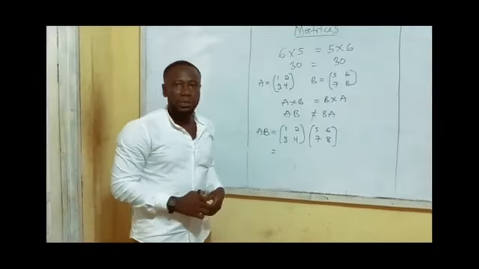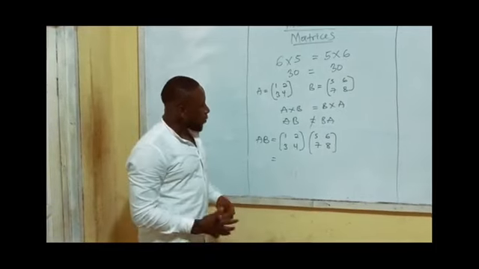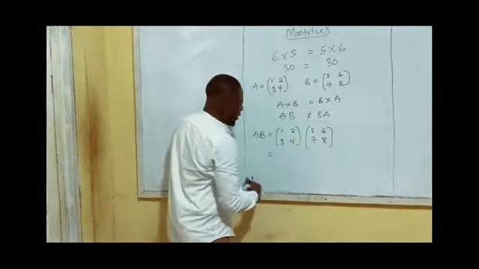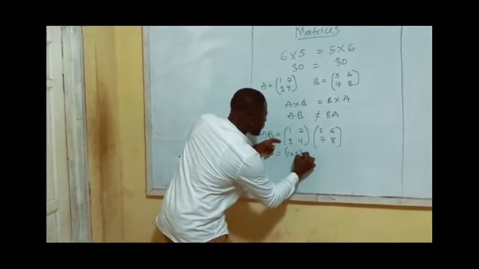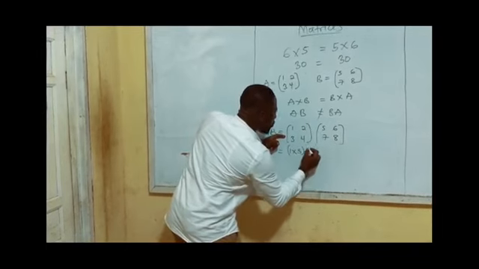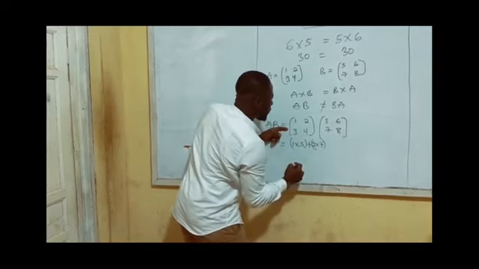So we have 1 multiplied by 5, added to 2 multiplied by 7.